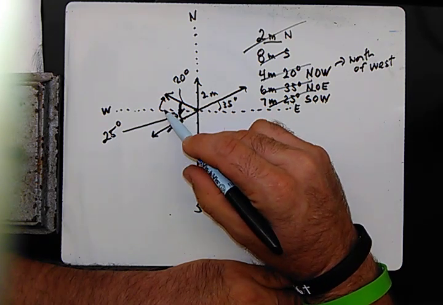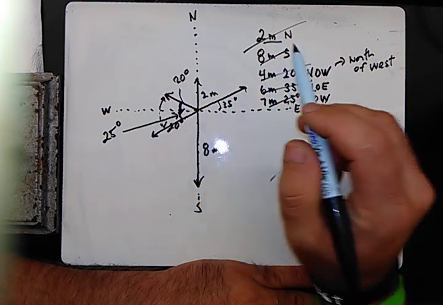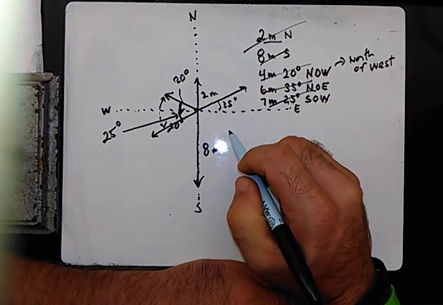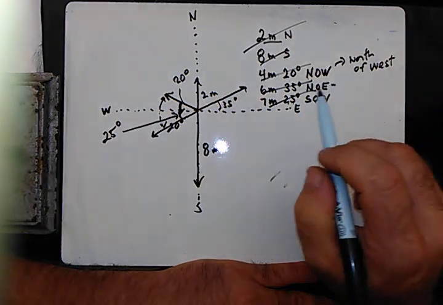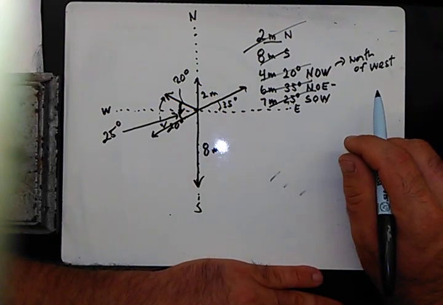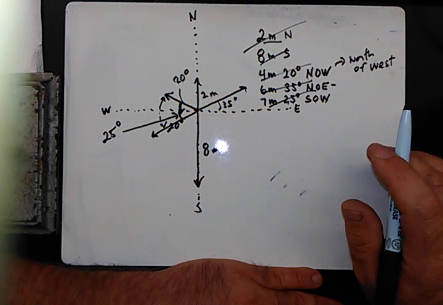This is 25 degrees south of the west line. And then this one here is 35 degrees north of the east line. That's this one here. So this is a way to express vectors. And this is our basic way to do that on a Cartesian plane.